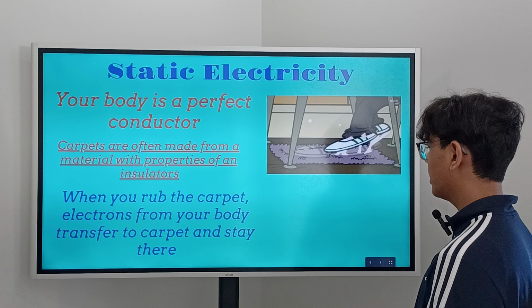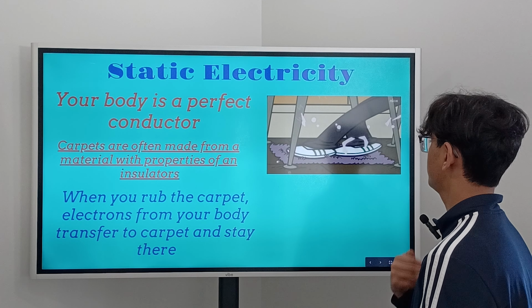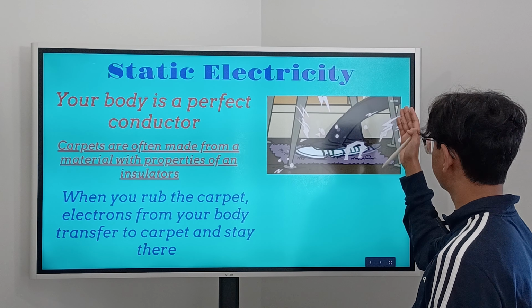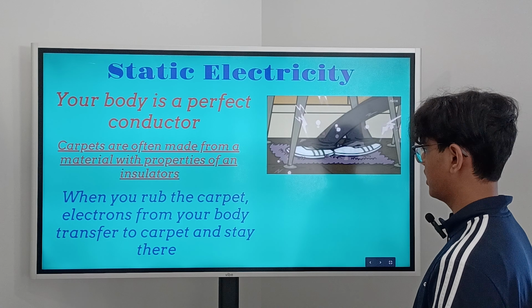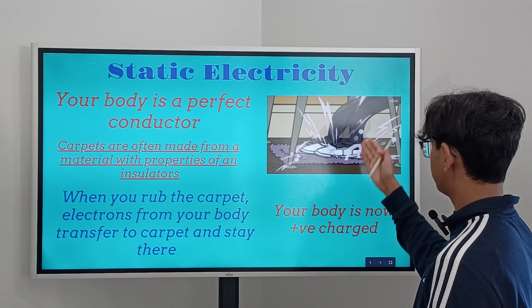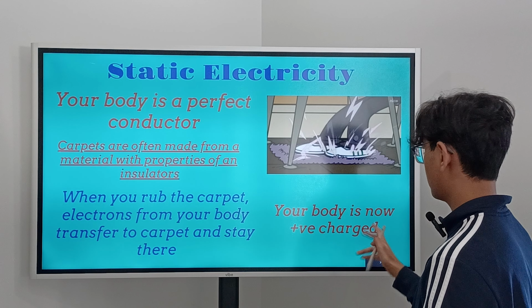So when you rub your feet against the carpet, the electrons from your body transfer to the carpet and stay there, since the carpet is an insulator. Since the electrons from your body are now on the carpet, your body is now positively charged.